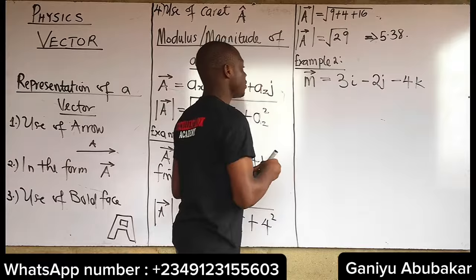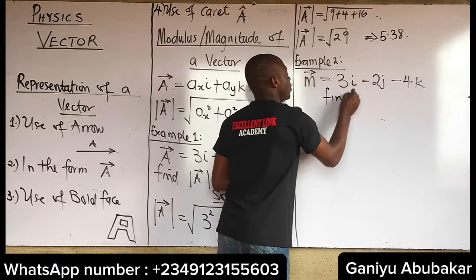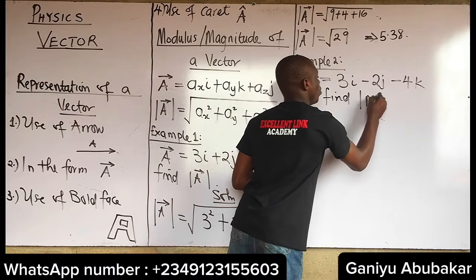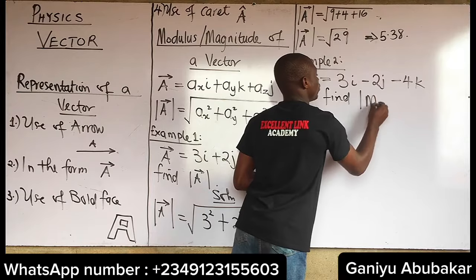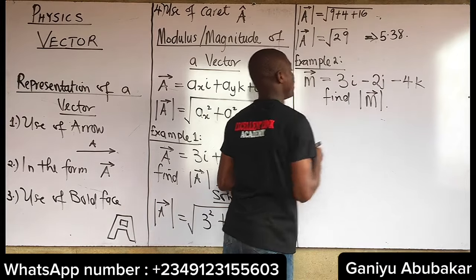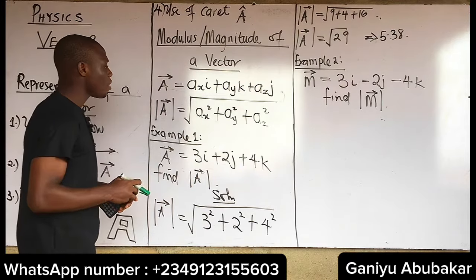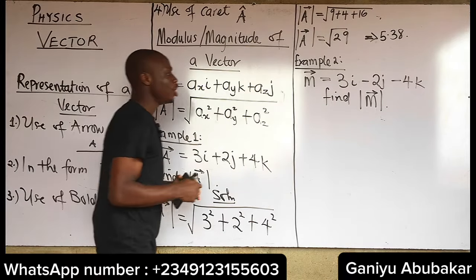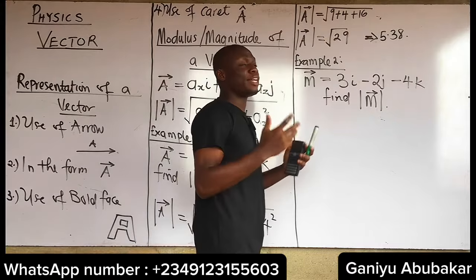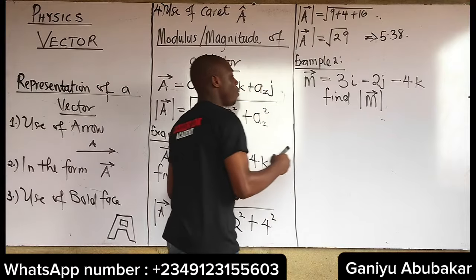I'm going to find the magnitude of vector m. How do you go about this? First things first, your first task here is to take the mathematical expression of modulus or magnitude.